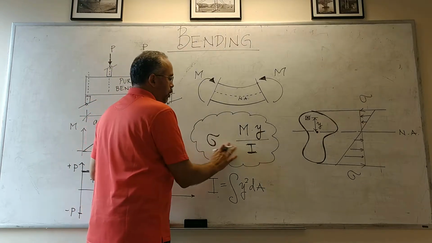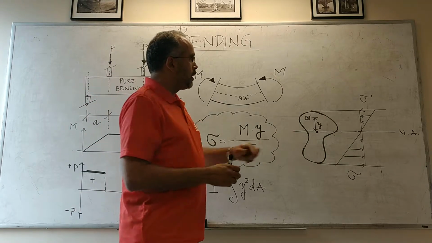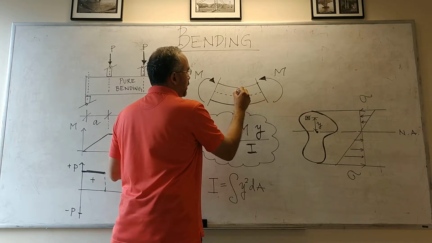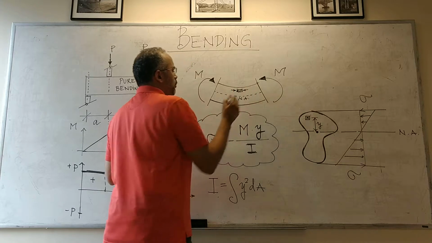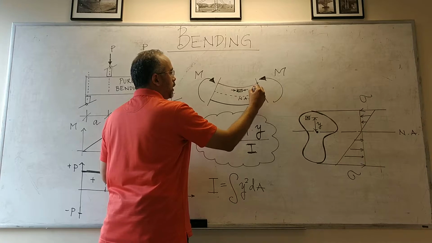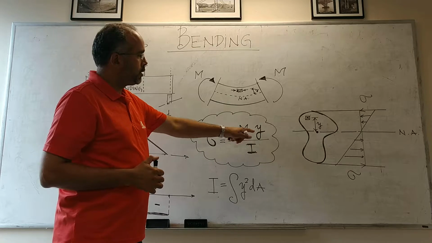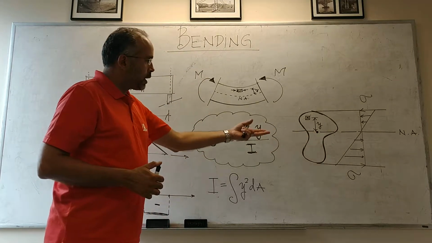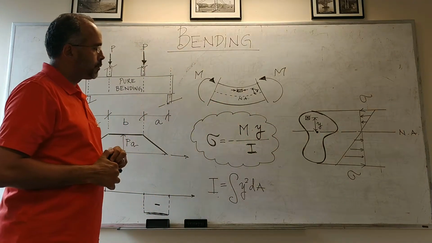In the case of a positive moment, you may want to put a negative sign here just to emphasize the fact that when the beam is subject to positive bending, the points that are above the neutral axis are subject to compression when y is positive, and when y is negative going down, then you get tensile stresses on this part.